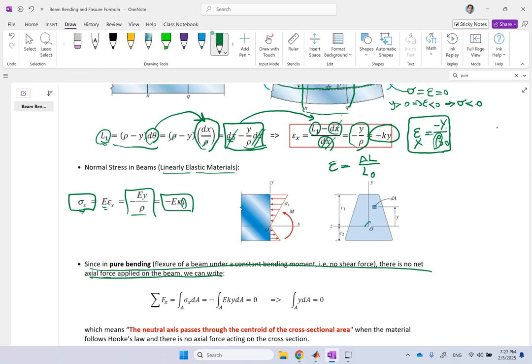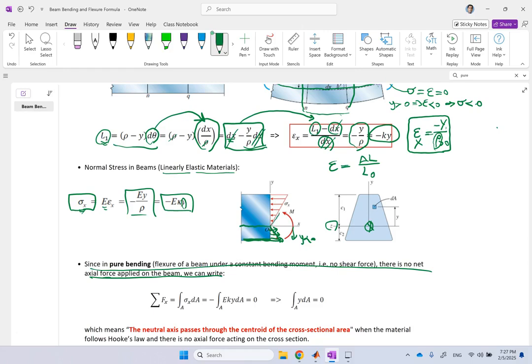So if this point is the centroid, where the neutral axis z is passing through, you see below it at negative y's, sigma is positive. You see it's outside, it's tensile, and it's linearly increasing. At neutral axis, it's 0, linearly increasing to the bottom surface of the beam.